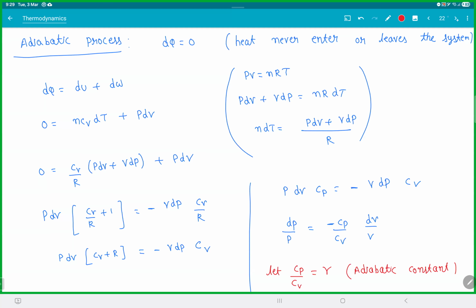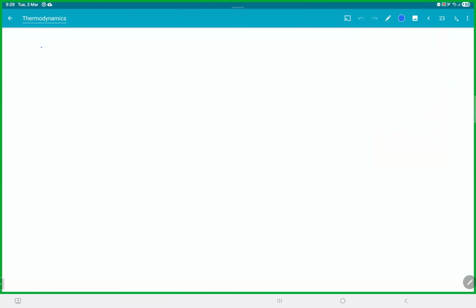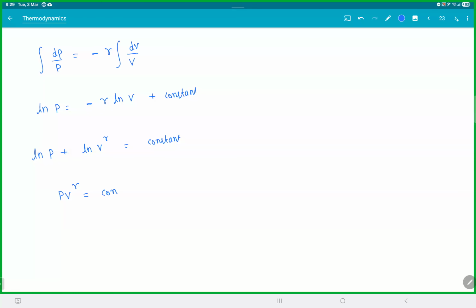So you can integrate on both sides. dP by P is equal to minus gamma dV by V. This would be ln P, this would be minus gamma ln V plus constant. Bring this side, you'll end up with ln P plus ln V power gamma. And you end up with PV power gamma is equal to constant. So this is how you actually derive for an adiabatic equation the relation between P and V.